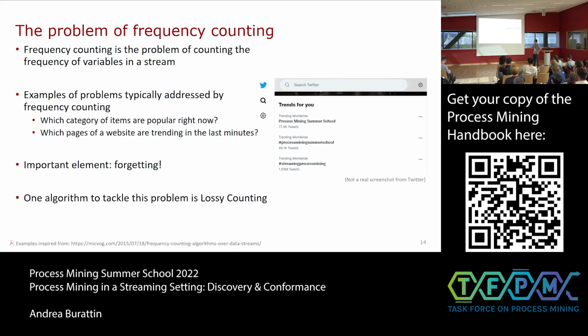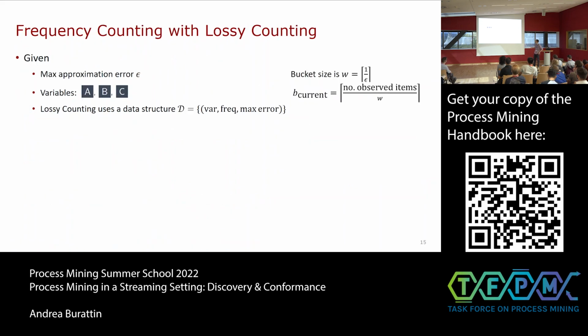One very well-known algorithm for tackling this problem is called lossy counting. Let me give you a bit of an idea of this lossy counting. We have our stream made of variables that here are represented as these gray boxes like A, B, and C. It is a lossy algorithm, meaning that there are mistakes in the counting, but you can specify the approximation error for your counting, epsilon.